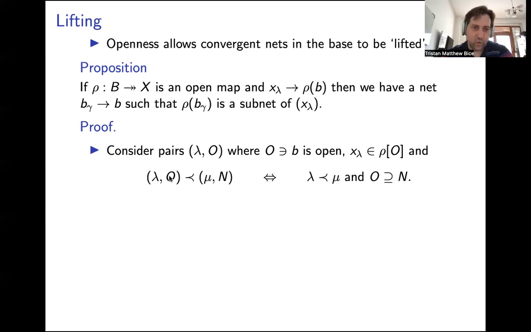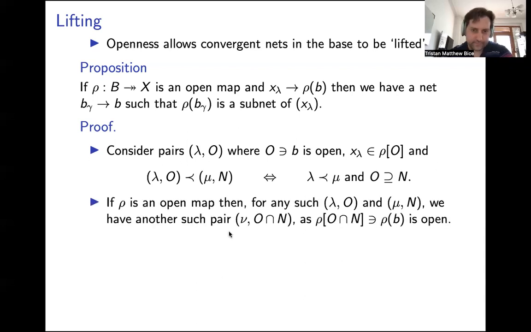So that's the set. The ordering now is basically the product ordering, where in the first term you just use the ordering you were already given, and in the second term you look at the reverse inclusion ordering. So for O to be below N, it's actually saying that O is a superset of N, or N is a subset of O. Right? So it's the opposite, it's the reverse. So that's our index set.